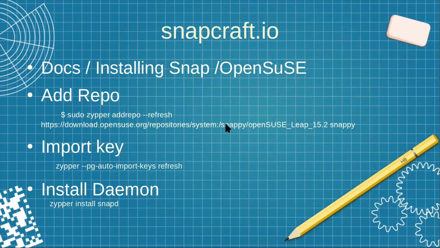The daemon interfaces to your host. It uses all the host libraries for that version. And it provides an interface so that whatever app you're running in the snap package talks to the daemon, which then talks to the host, exactly like a Docker container.